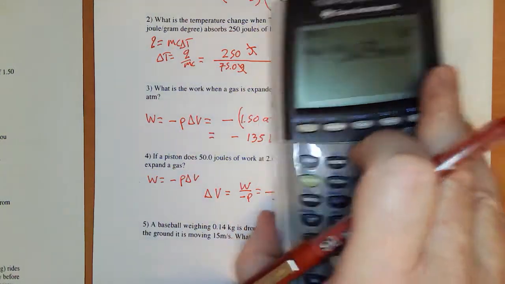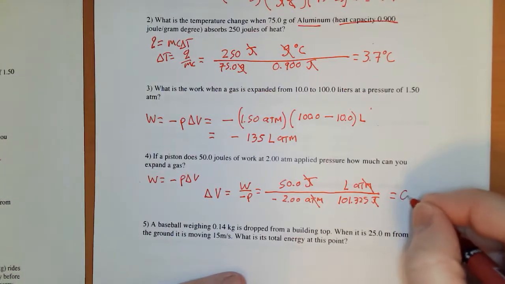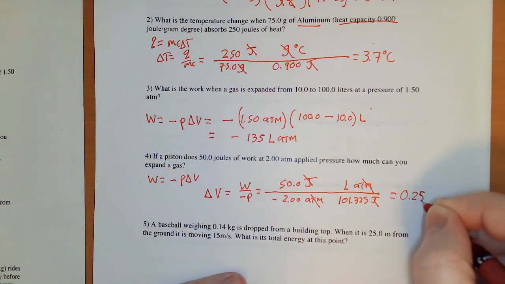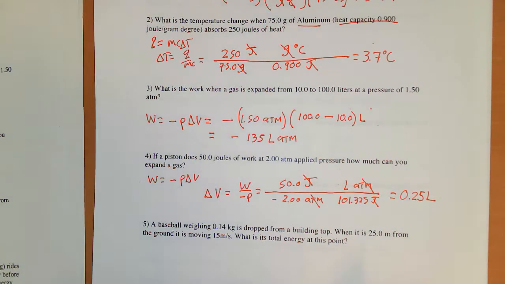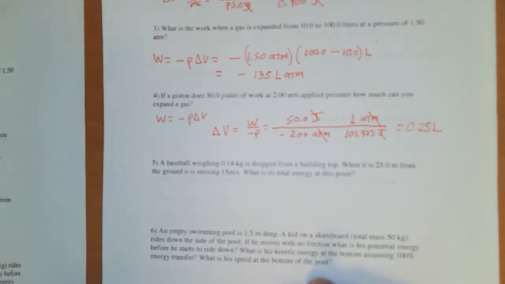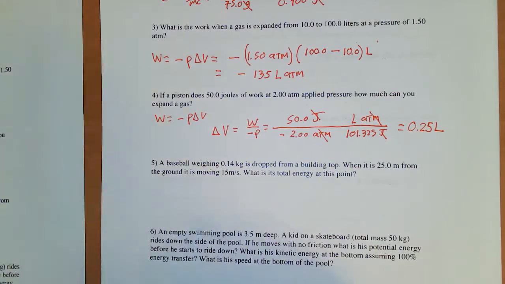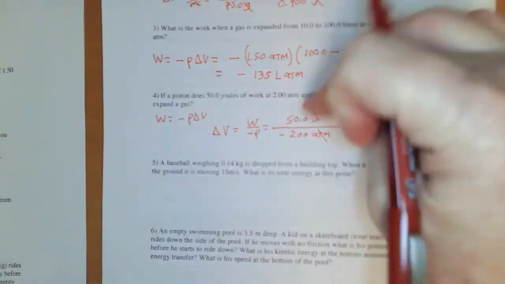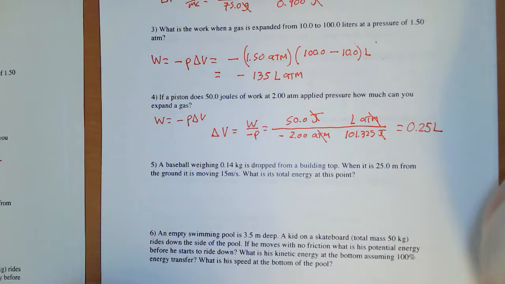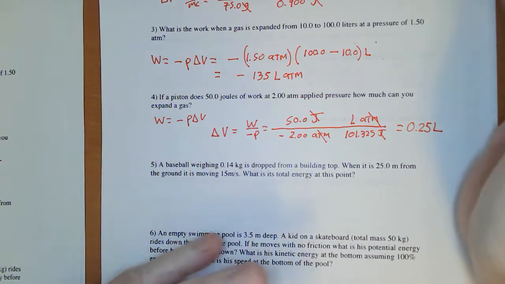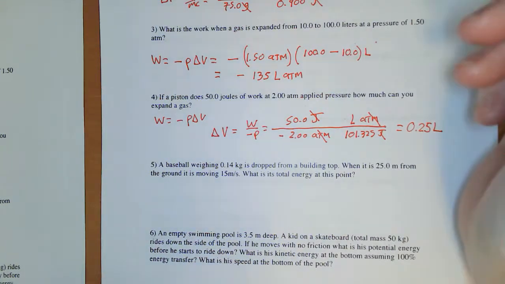And I'm coming out at basically 0.25 liters. Now, you're not going to see a whole lot of these, but I wanted you to have one in your notes so that you know what it looks like.